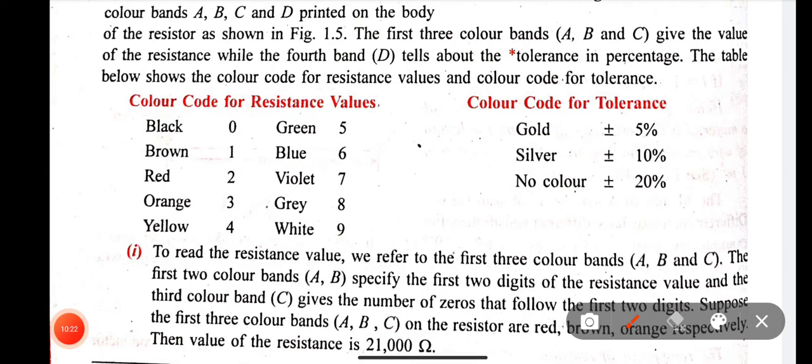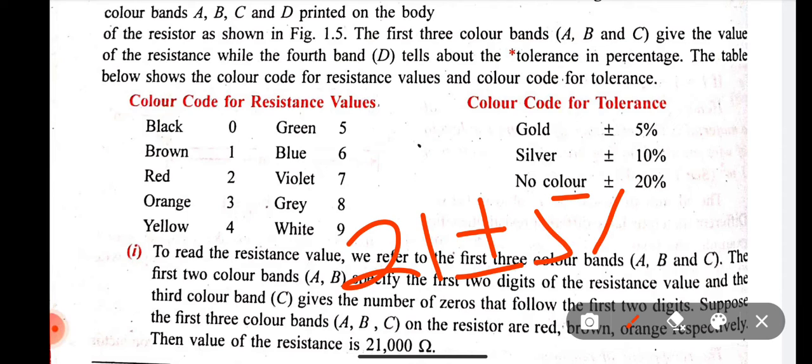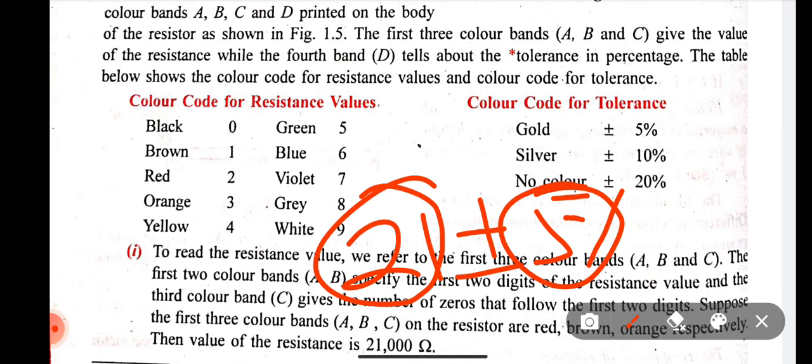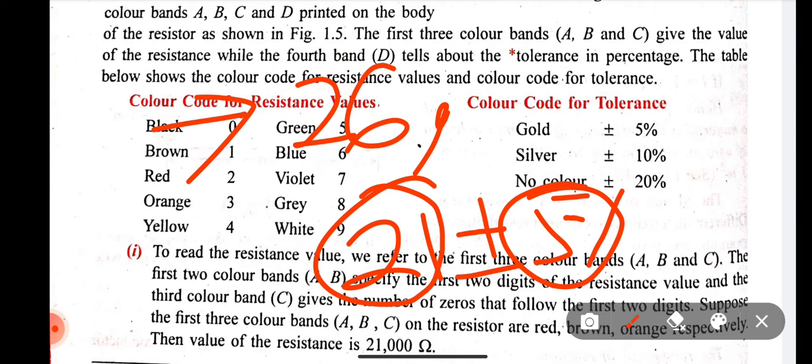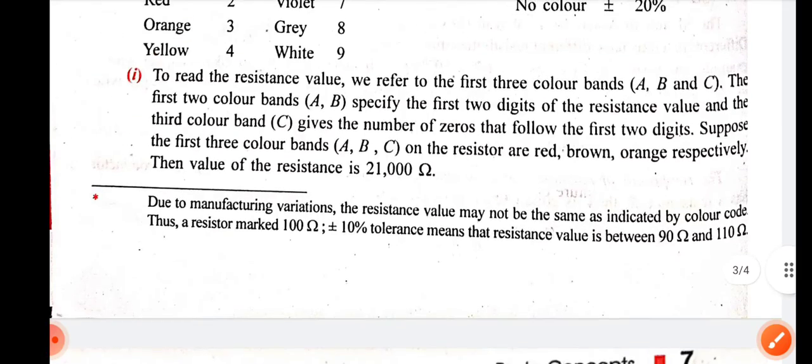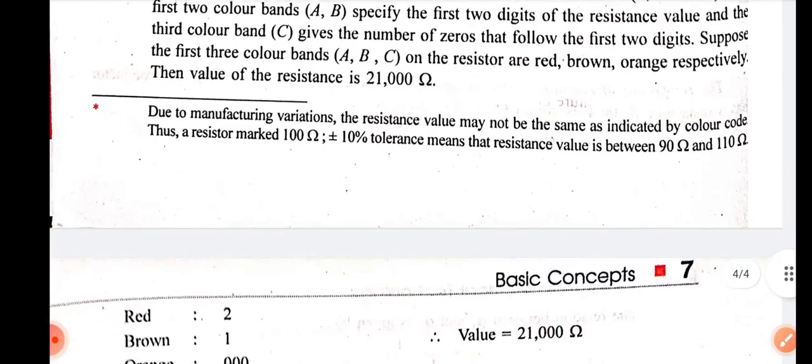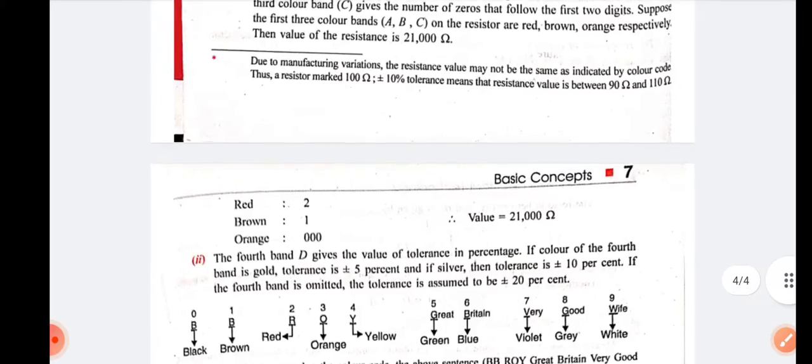Suppose the value of resistance is 21 plus minus 5%. This means the resistance value is 21, and it can be increased by 5, becoming 26, or decreased by 5, becoming 16. This is the color code, and it makes it easier to understand the resistance value.